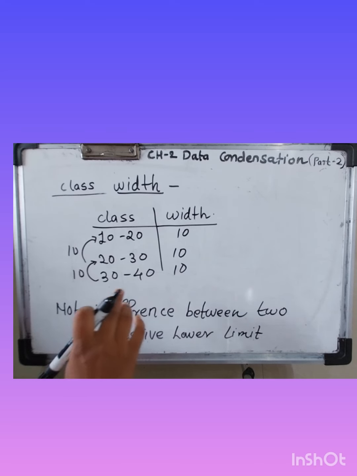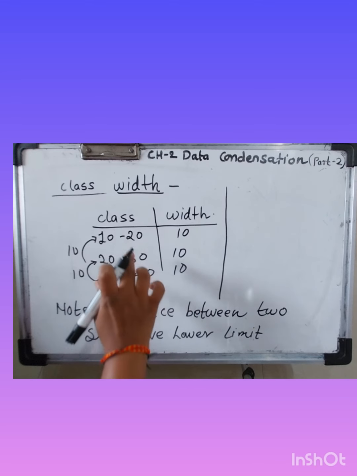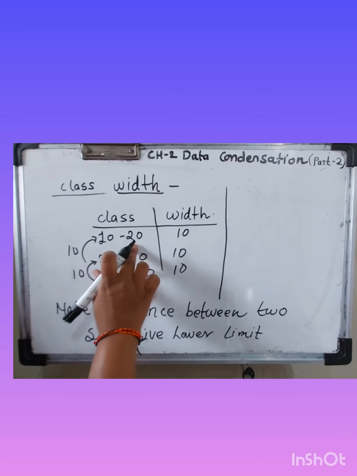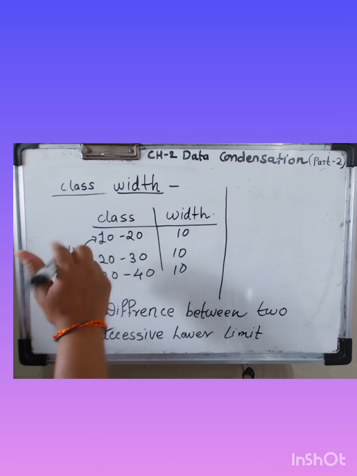Okay. In other words, we can say that upper limit minus lower limit is the class width.